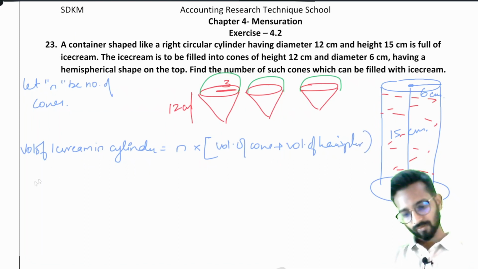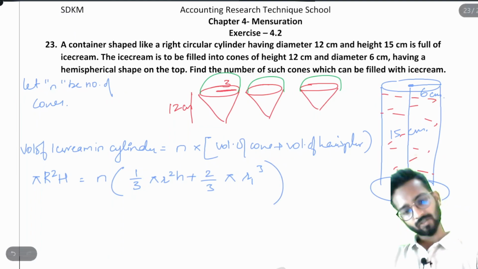Volume of cone is, you can write it, pi r square h is equal to n times 1 by 3 pi r square h plus 2 by 3 pi r1 cube. R1 is the radius of the hemisphere.